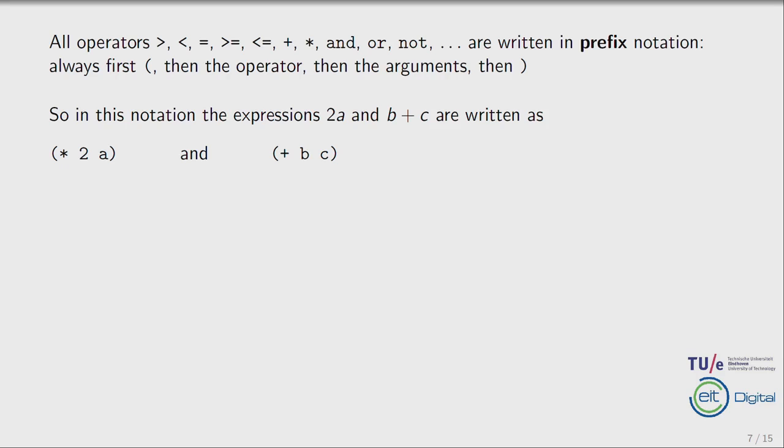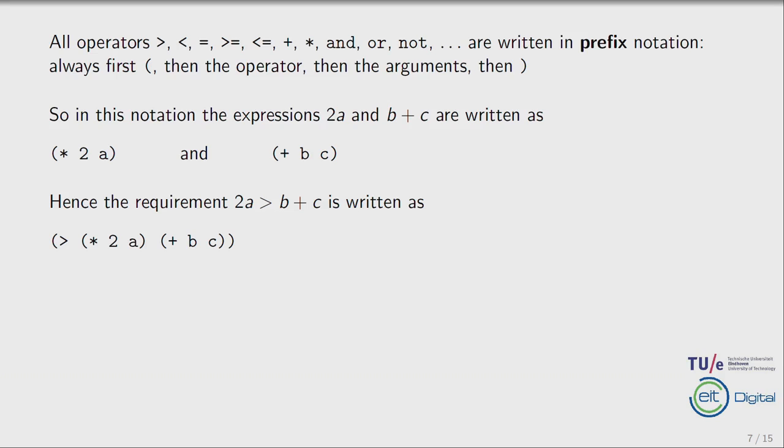So in these notations the expression 2a is written as parenthesis open star 2 a parenthesis closed. And b plus c is written as parenthesis open plus b c parenthesis closed. And the full formula 2a greater than b plus c is written as follows. We simply take these two ingredients and we put parenthesis open, greater than around it, and we conclude by parenthesis closed.